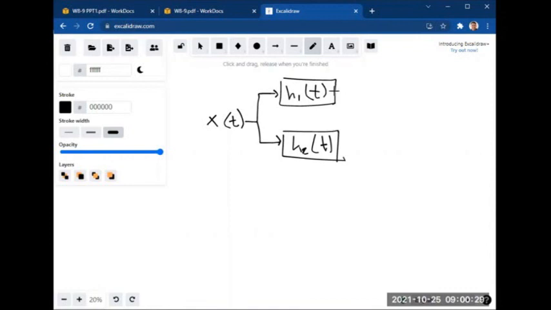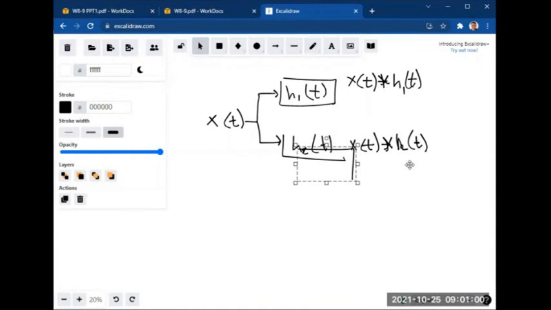Then let's say the outputs are x of t convolved with h1 of t, and x of t convolved with h2 of t. This is the output.